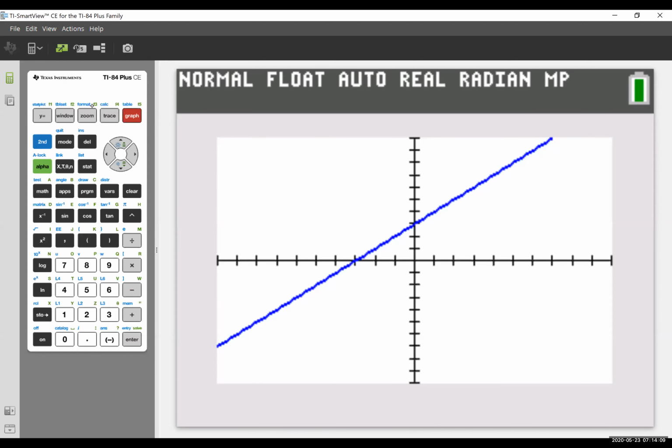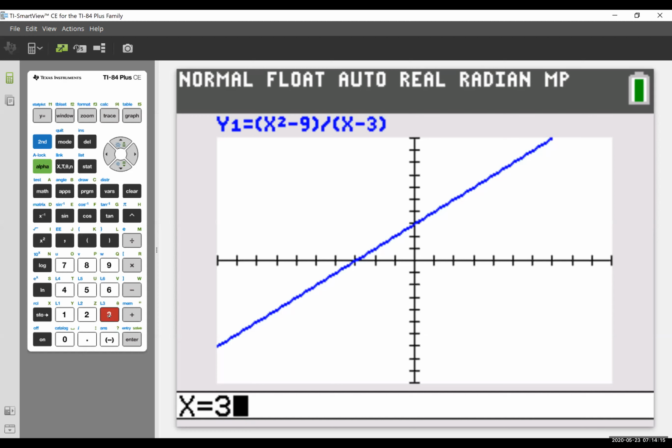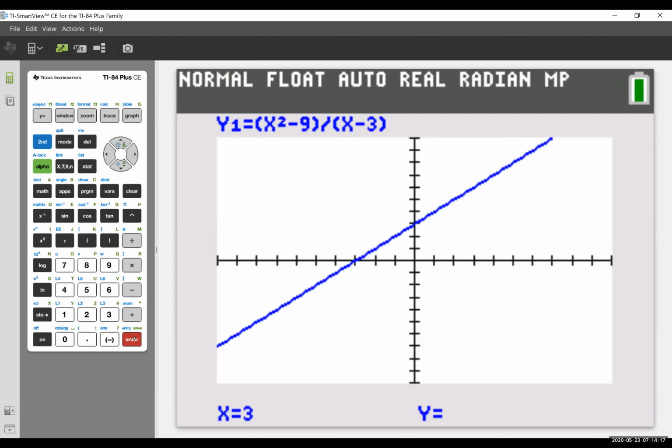But if you try to figure out what's happening at x equals 3, if you press trace and type in x equals 3, you will notice it does not give you a y value back. That's because there's a hole in the function. Be careful with that.